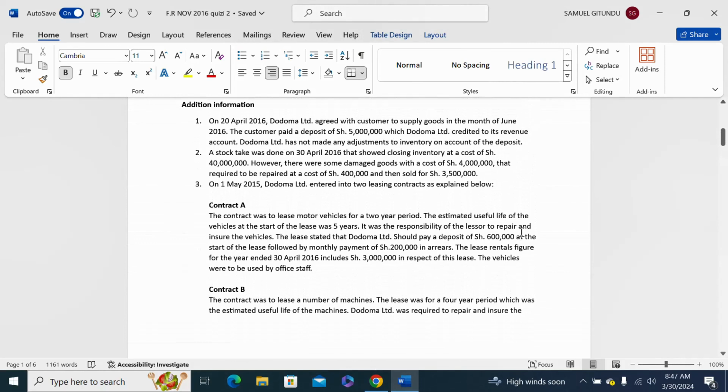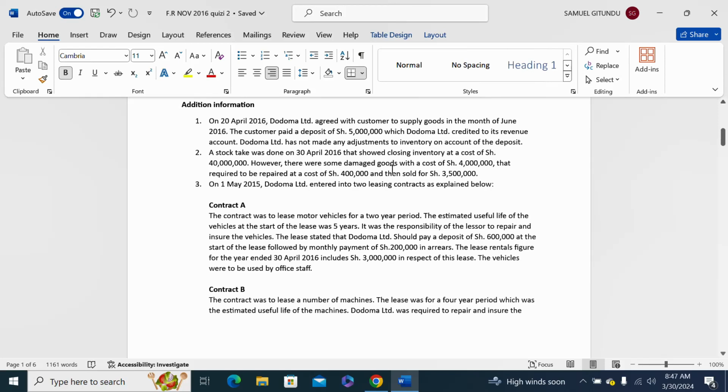We go to the additional information number 2. A stock take was done on 30th April 2016 that showed closing inventory at cost of shillings 40 million.